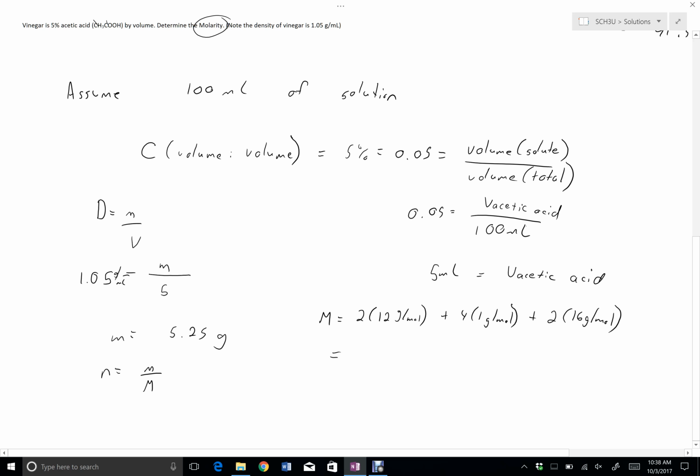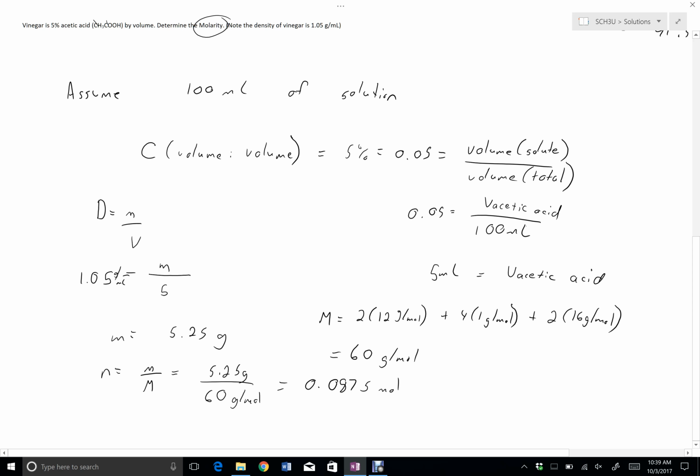Again, if you don't know how to do a molar mass, you should go back to other videos. So I got 60 grams per mole. So I have 0.0875 moles.